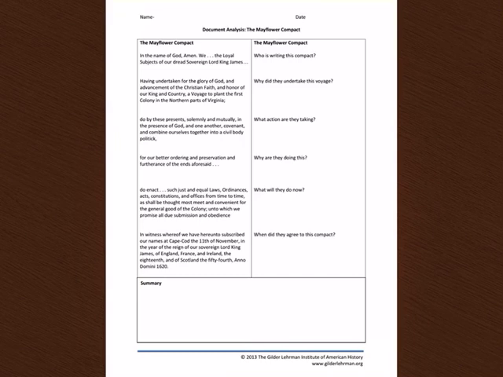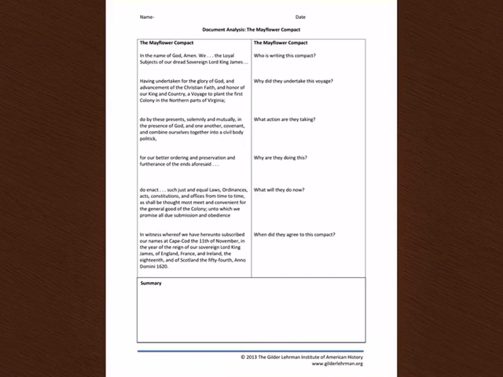All right, so: in the name of God, amen, we, the loyal subjects of our dread sovereign Lord King James. The ellipsis means they took out little phrases that we don't necessarily need. So who is writing this compact? The loyal subject, King James, the Pilgrim?